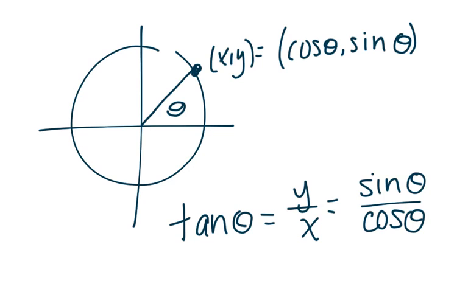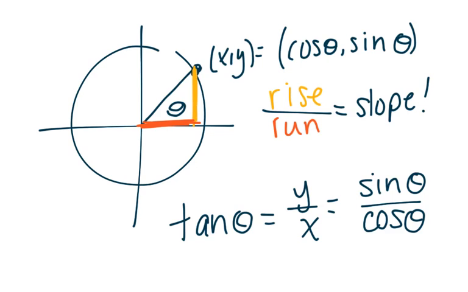Those two are equivalent. Now, if you're observant, you'll notice that y here, this distance, is the rise, and x here is the run. So rise over run, and that means slope. So we can think of tangent theta as being the slope of the terminal side of our angle.